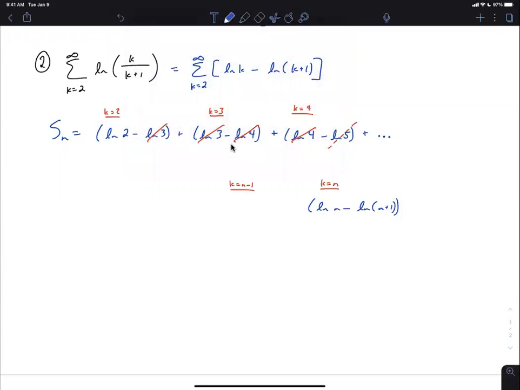That gets us natural log of n minus 1 minus natural log of n. And keep in mind, we're plugging these into the rewritten form of the original series. So log n minus 1 and then log of n minus 1 plus 1 is log of n. That's where that's coming from.